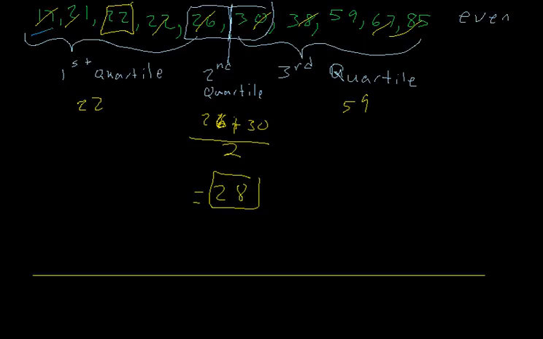The minimum number is 17, the max is 85, and I'm going to plot those two values first. So I've got 17 here, the way far side, and that is 85. And these are roughly 65 units apart, a little bit more than 65.